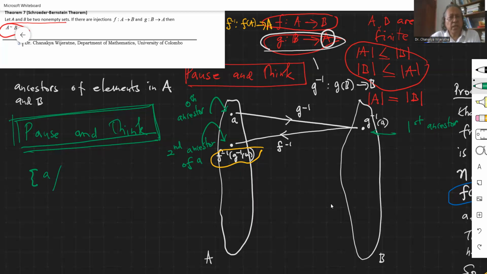So this element a in A may have an odd number of ancestors.